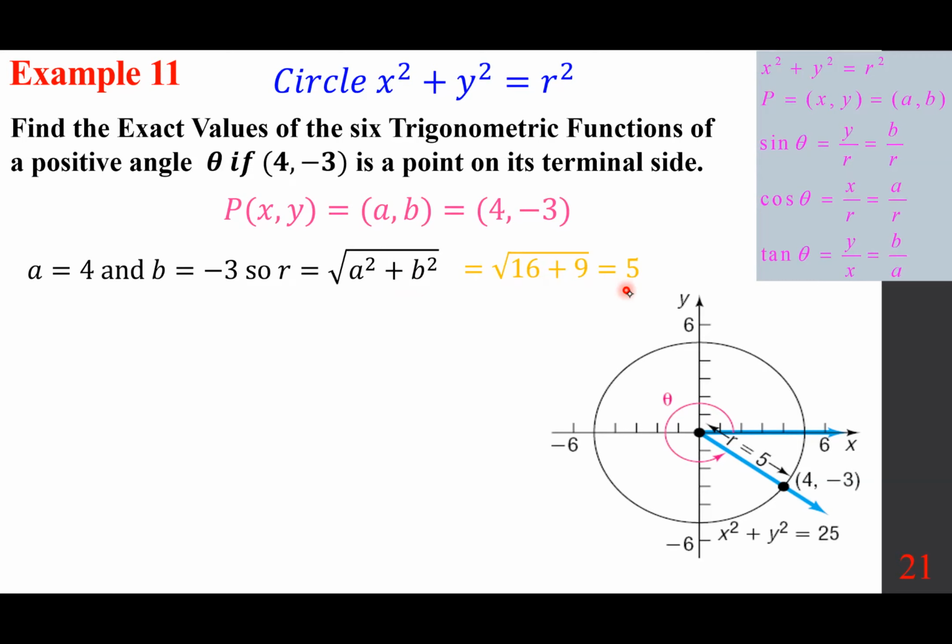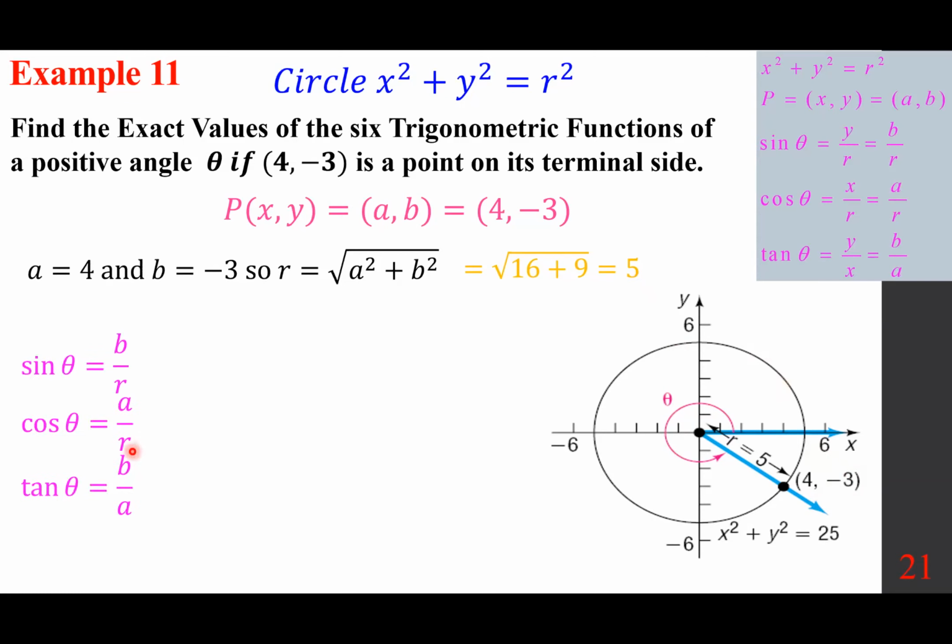Now, what is sine theta? Remember, it was the y coordinate. So the y coordinate, but this time divided by r, so b over r, so -3 over 5. What is cosine theta? It's a or x divided by 5. And what is tangent theta? It's just the ratio of those two, -3 over 5 over 4 over 5, which makes it -3/4.